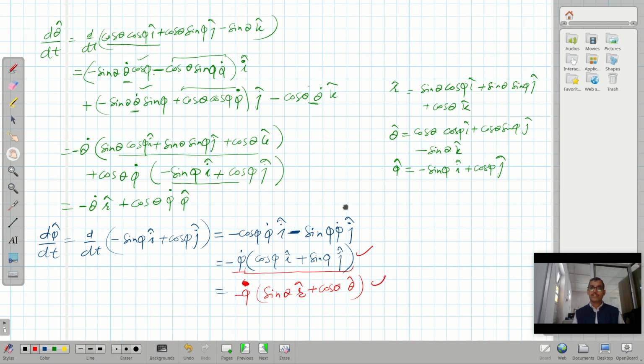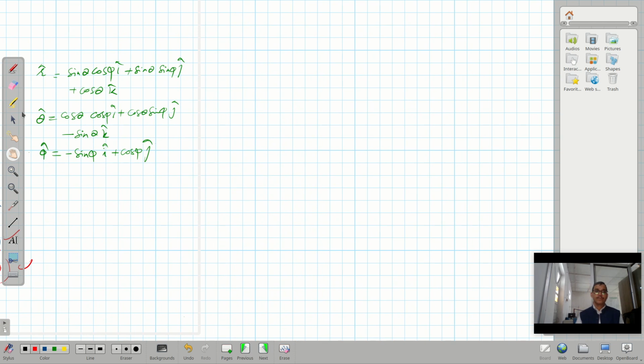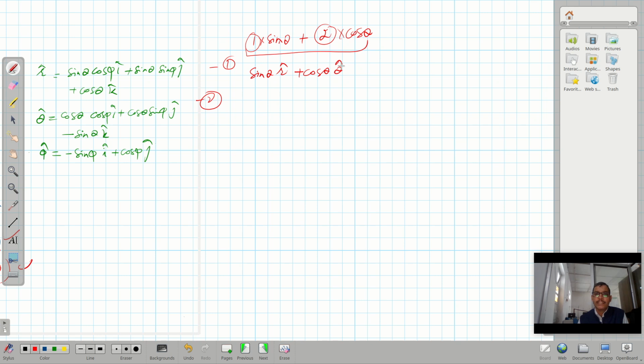So for that, let us proceed as follows. As we know, say this is 1 and this is 2, so when 1 is multiplied with sin theta, and 2 is multiplied with cos theta, and then they are added together, what we get is sin theta r cap plus cos of theta theta cap.